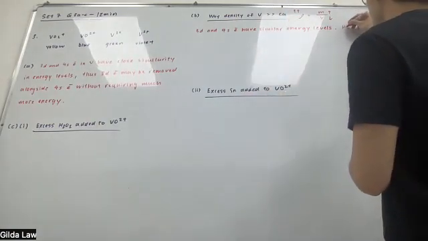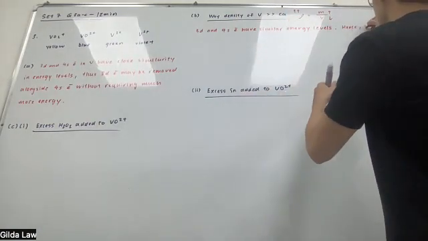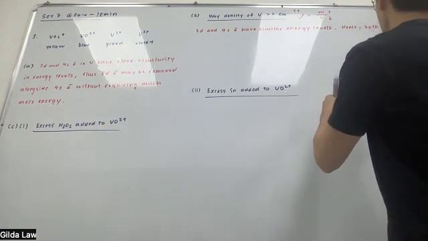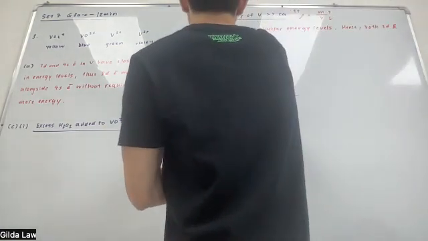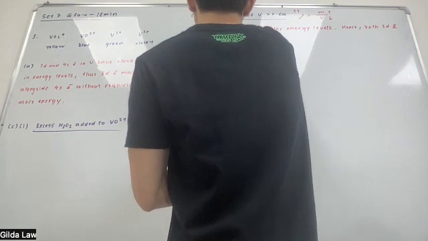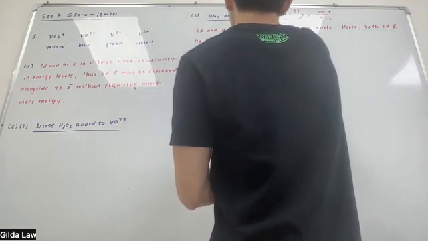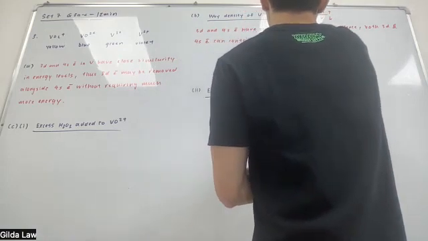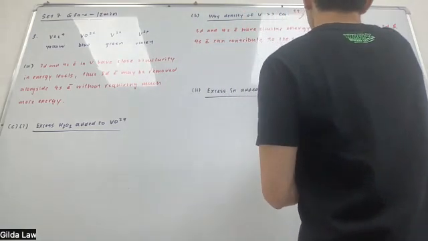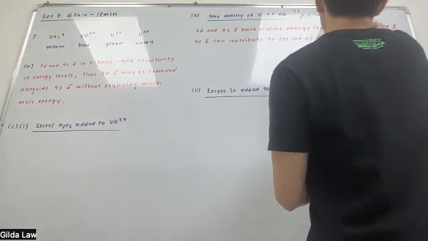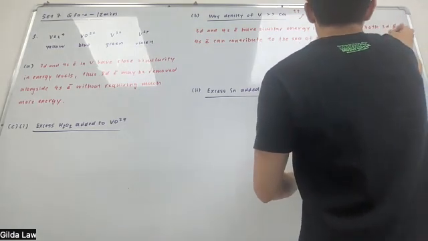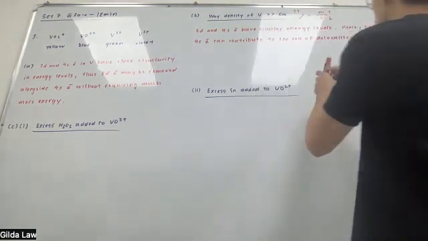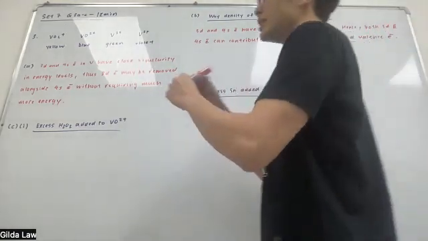So hence, since they have close energy levels, both 3d and 4s electrons can contribute to the sea of delocalized valence electrons. That's what we have in metallic bonding. Take note, it is a sea of delocalized valence electrons. This is very important. Only the valence electrons can be contributed to the delocalization.